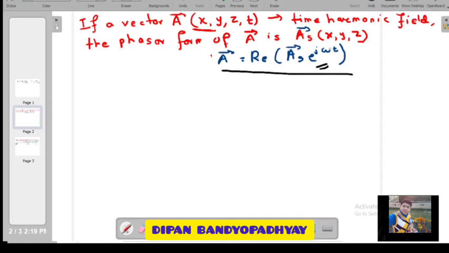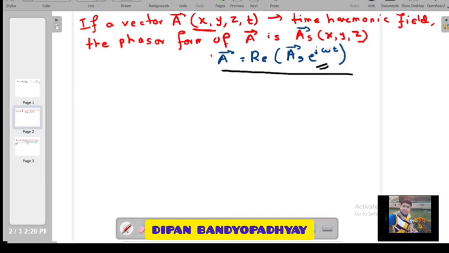A_s is the phasor form, and you take the real part. It is not necessary to take the real part; you can take the imaginary part also, but mostly we choose the real part. In any book or reference you see, they choose the real part, so we are keeping it real.